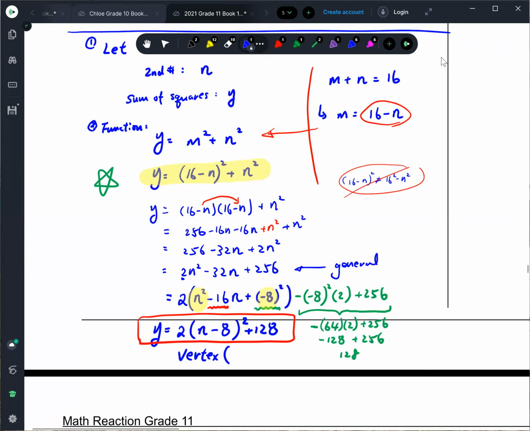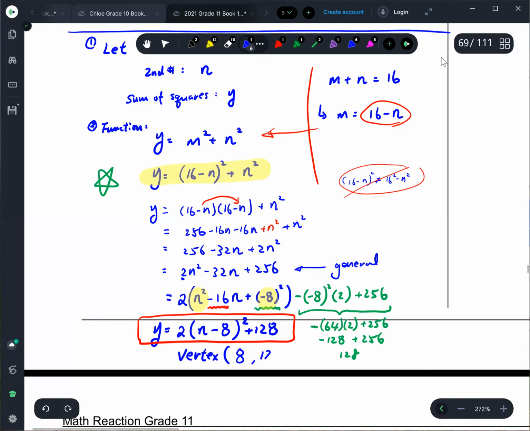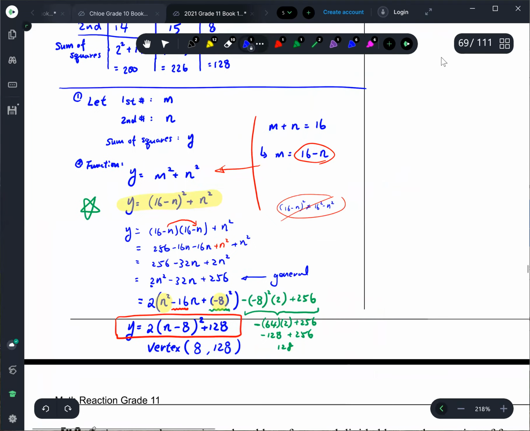The vertex is 8 and 128. Yeah, very good. Okay, so the 8 is our n. Remember the variable that we have in this function is the n and the y, right? So the variable n is for the 8.